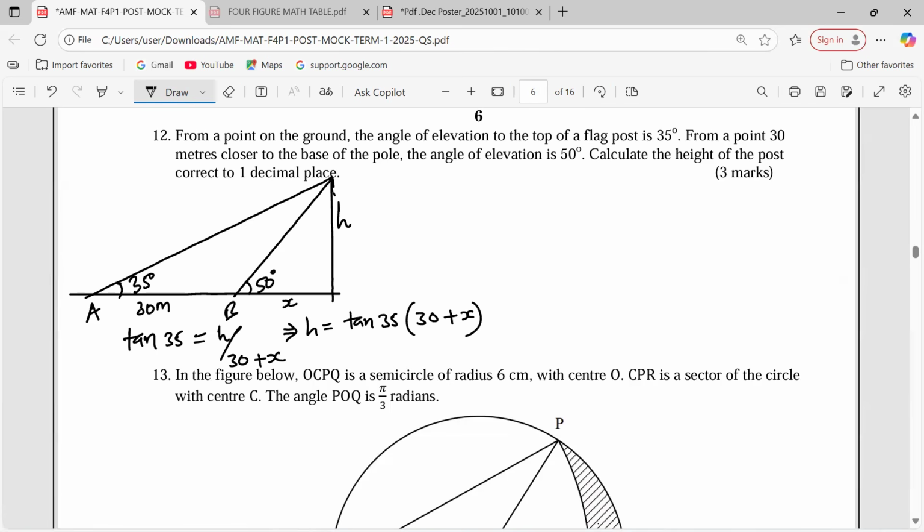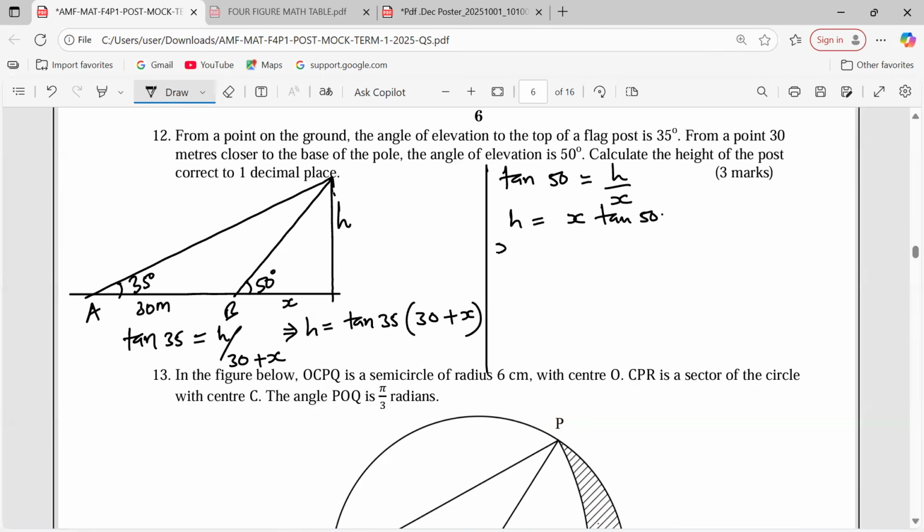Then we also express again the tan of 50 is equal to h over x, meaning that the value of h can be given by x tan 50. Because we have two expressions for h, we can equate them.